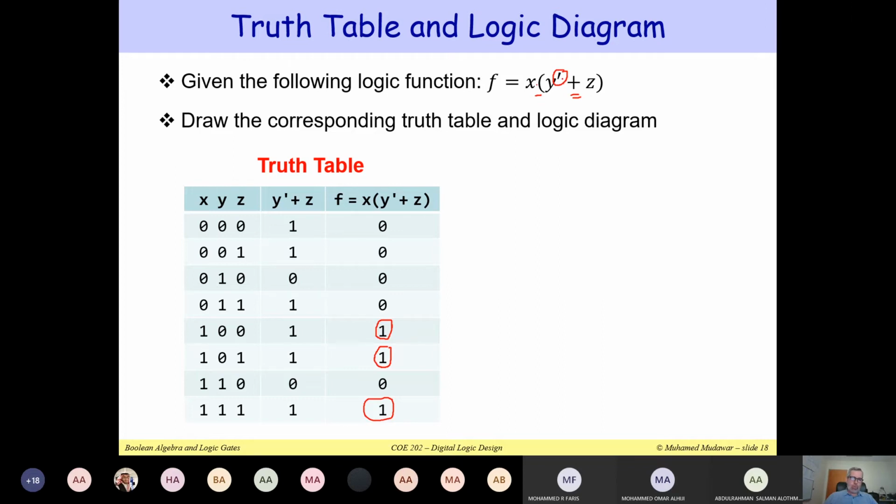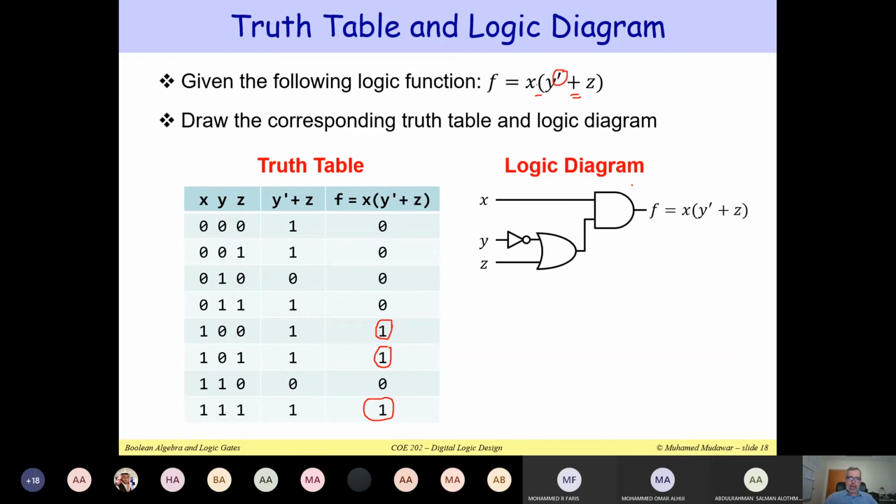First you have to invert y, then take the output of the inverter, which is y prime, and OR it with z. Then you take the output of the OR gate and AND it with x. So the circuit will look like this. Very simple, very easy. This is my inverter that's going to invert y. The output will be y prime.